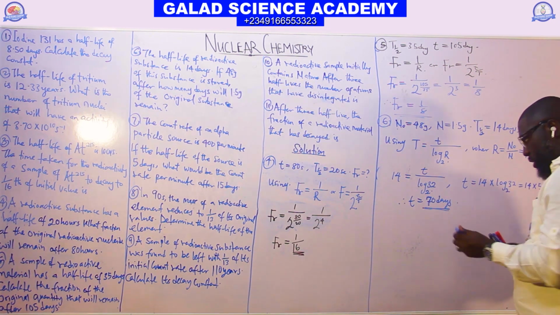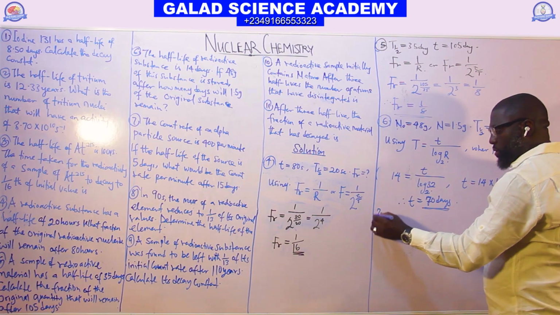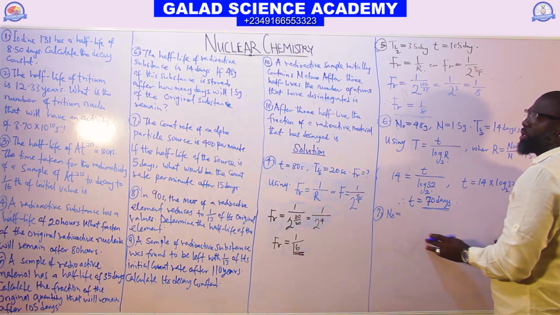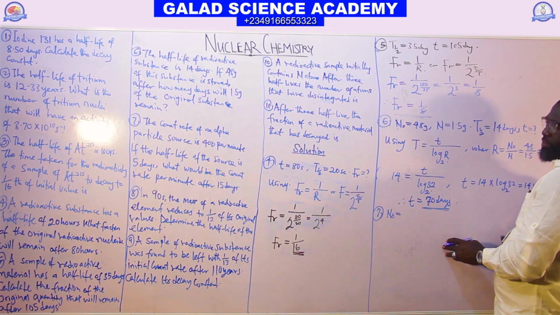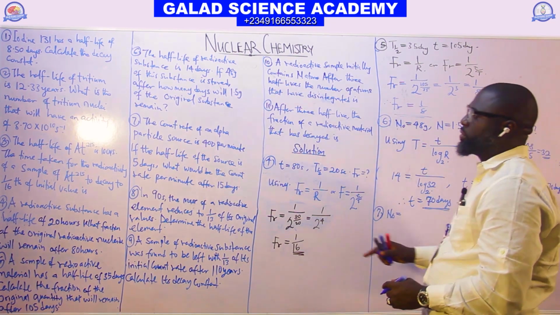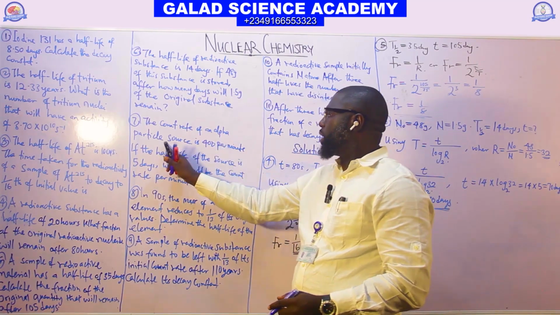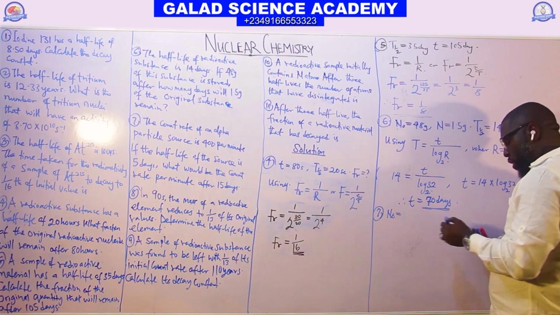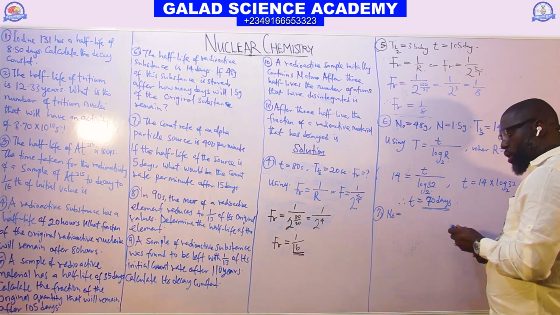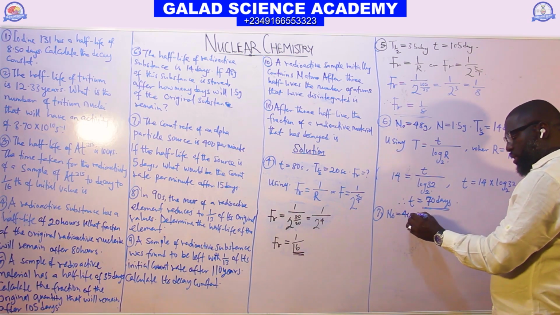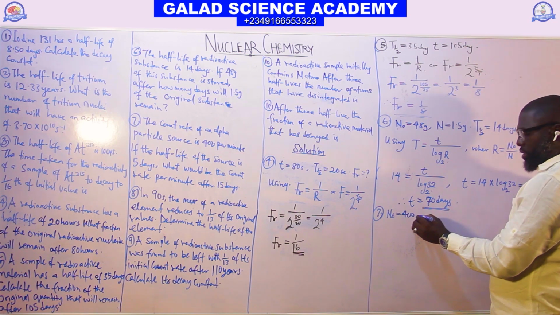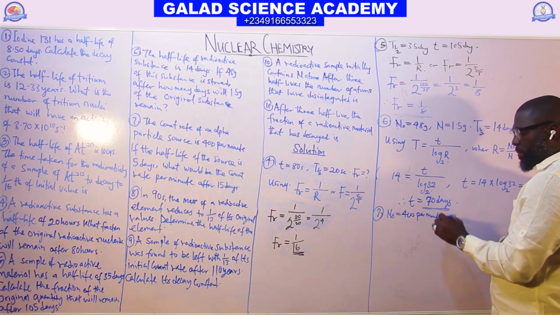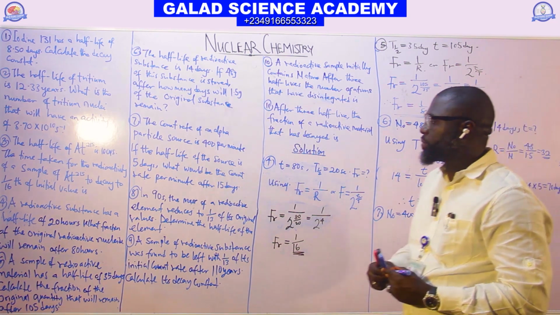Let's solve question 7. Our N naught from the question is 400 per minute.